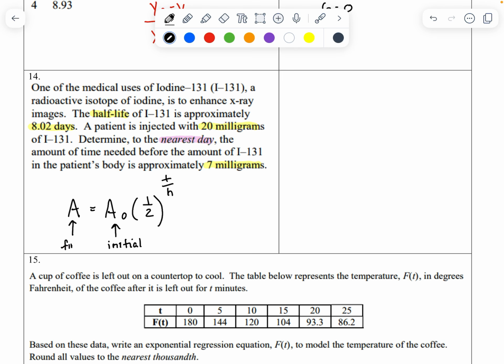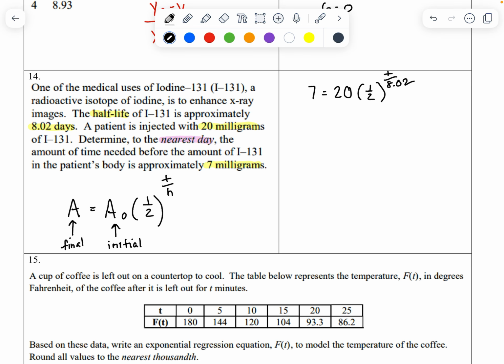And this is going to be your final, which is 7. So when we plug this in, we want to know how long does it take to go from 20 to 7, with a half-life of 8.02.